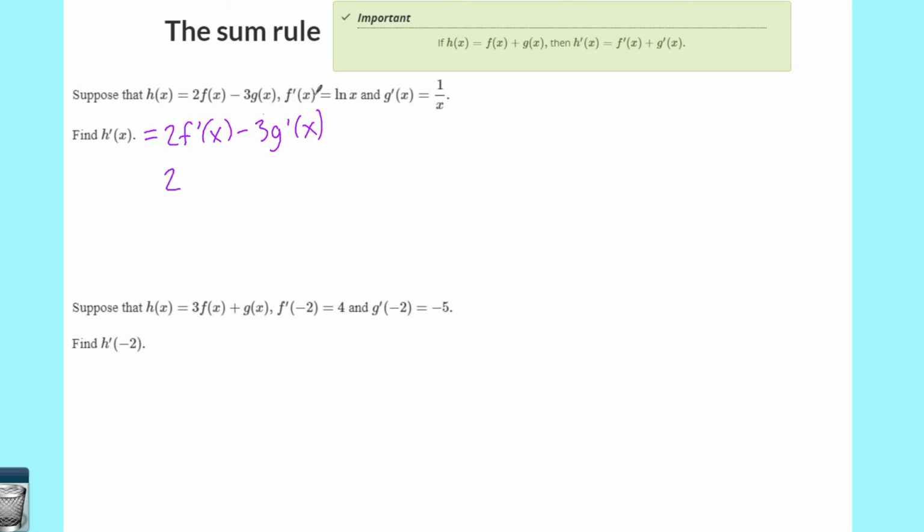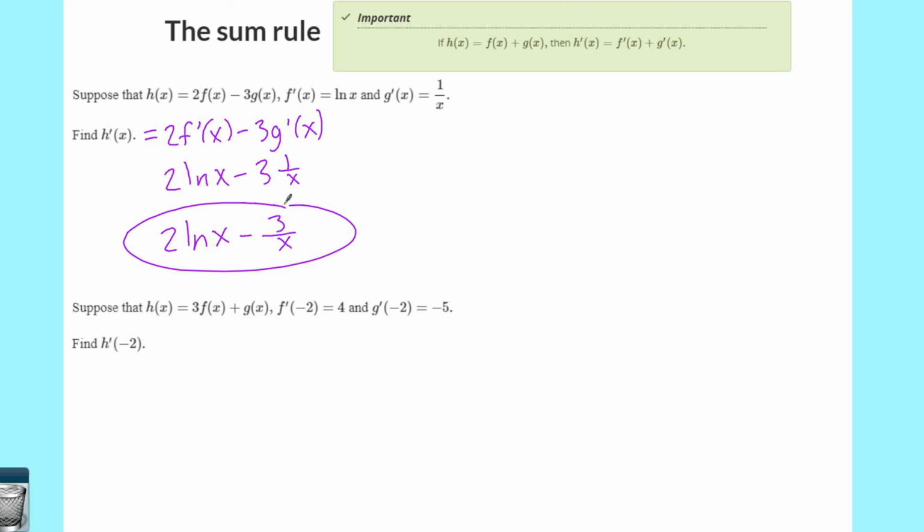We know the derivative of f is the natural log of x, and the derivative of g is 1 over x. So a nicer way to write that is 2 times the natural log of x minus 3 over x.